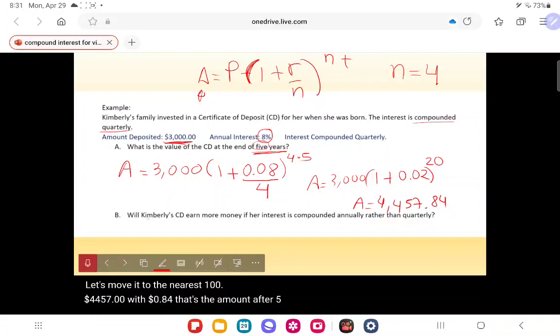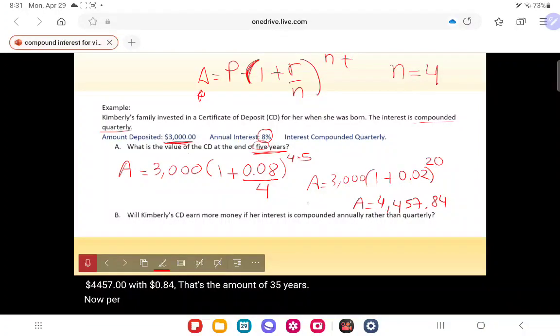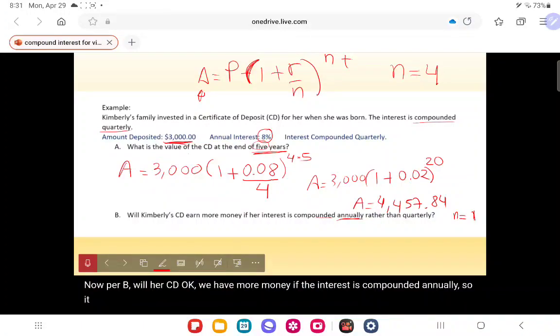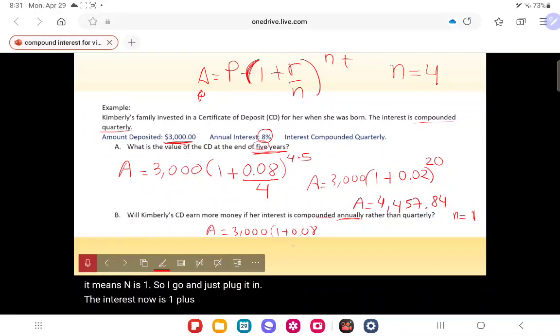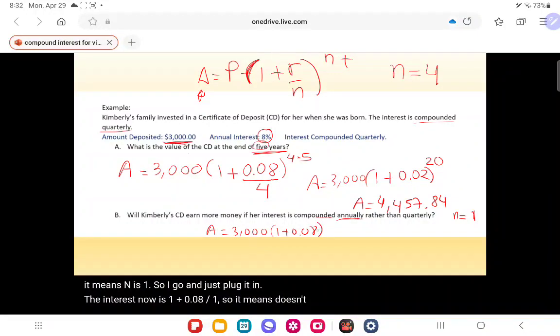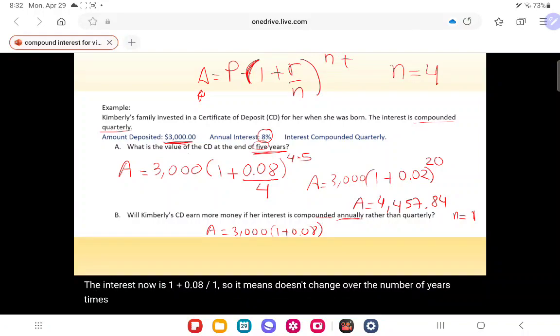Now, part B. Will her CD have more money if the interest is compounded annually? So it means n is 1. So I just plug it in. The interest now is 1 plus 0.08 divided by 1, so it doesn't change, over the number of years times 1, because it's compounded once a year, so exponent 5.